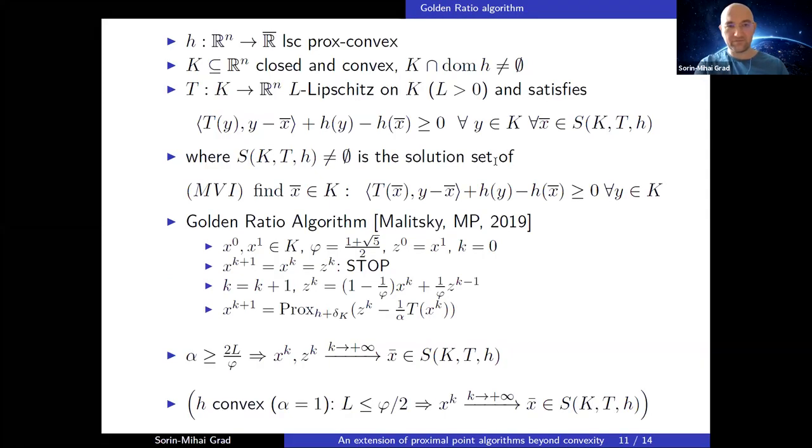On the next slide, you see the second motivation, Malitsky's golden ratio algorithm, extended for such a prox-convex function. So we take here the mixed variational inequality. Again, we take T, the operator, to be Lipschitz, and to satisfy such a monotonicity hypothesis.